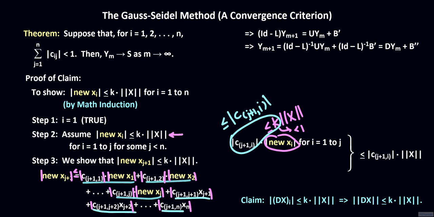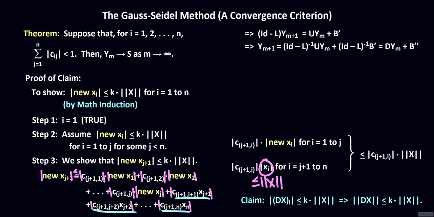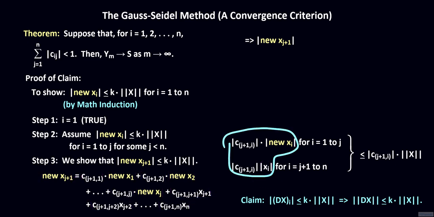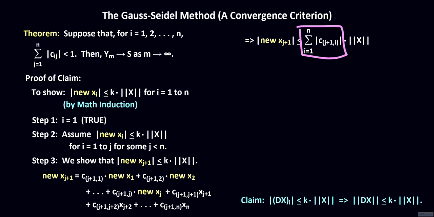For the terms involving the old x sub i's, each x sub i absolute value is less than or equal to the norm of x. And so the absolute value of the new x sub j plus 1, which is bounded above by the sum of these things, should also be bounded above by the sum of these things, where i goes from 1 to n. The sum of the absolute values of the c sub j plus 1 i's is less than or equal to k. Therefore, the absolute value of the new x sub j plus 1 is less than or equal to k times the norm of x, completing the induction proof.